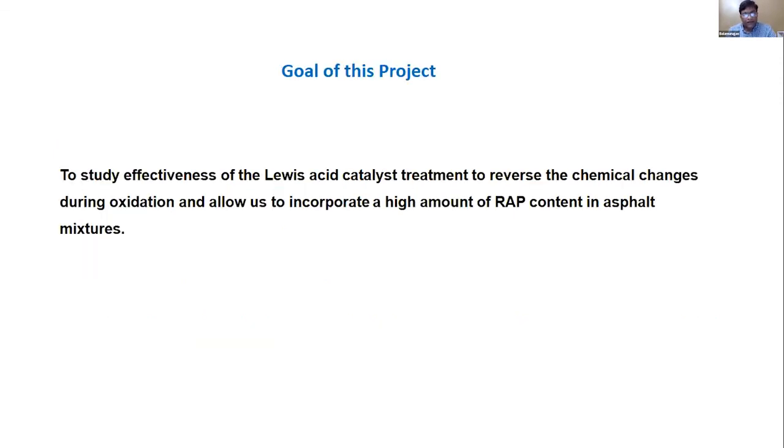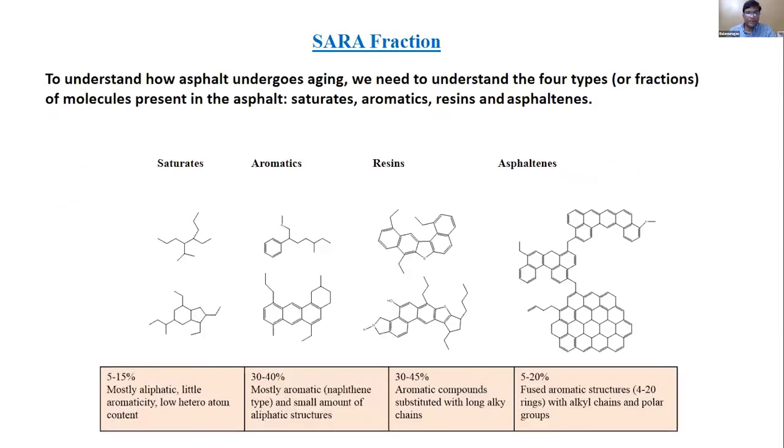For that we use a Lewis acid catalyst to reverse some of the chemical transformation. Particularly, we want to reduce the amount of oxidation as well as the amount of aggregation in the sample. I think it's too much chemistry, but normally asphalt is separated into 4 different fractions.